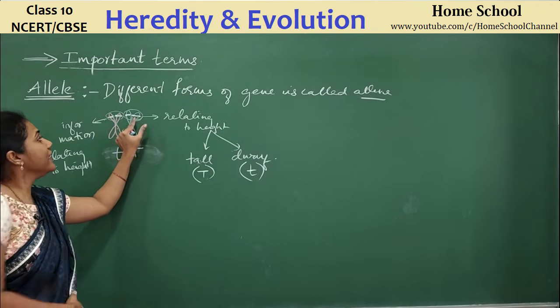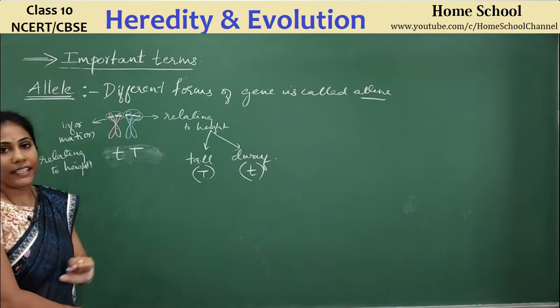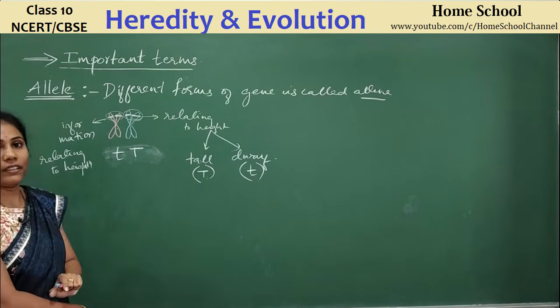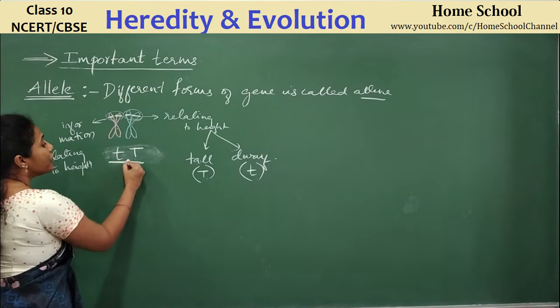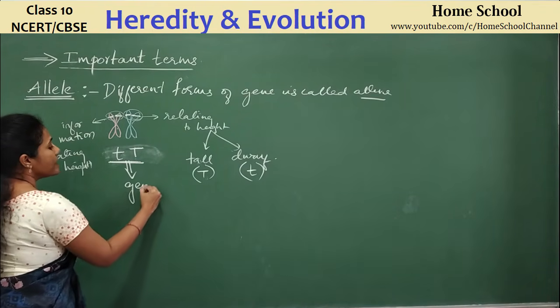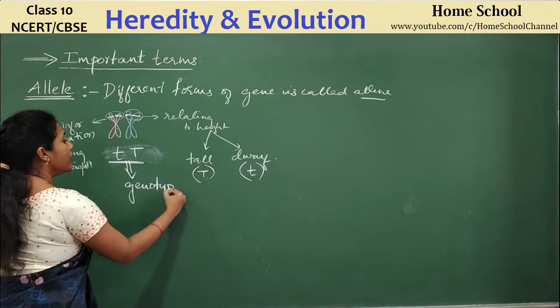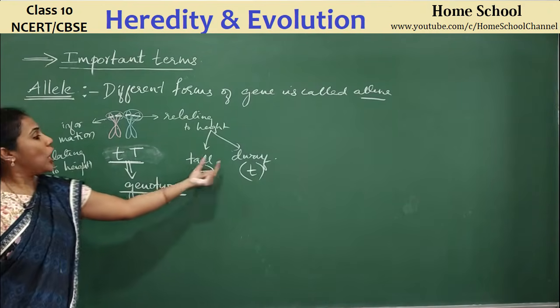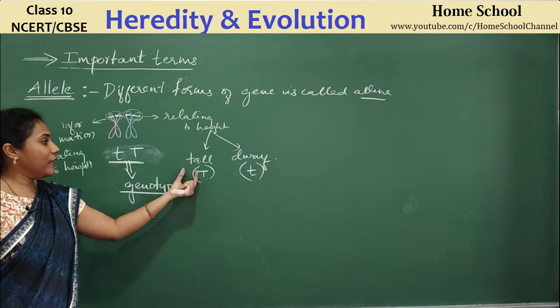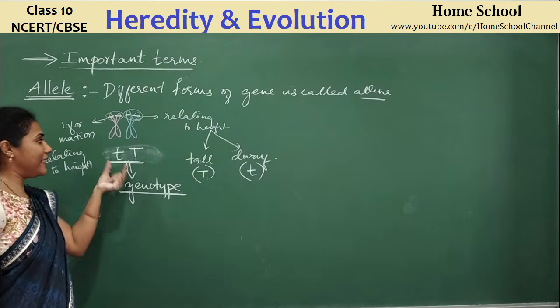But this is having information relating to tallness. That's why I wrote capital T. So this is what we call genotype. This is what we call genotype. See, the tallness or dwarfness, we represent with certain capital letters.